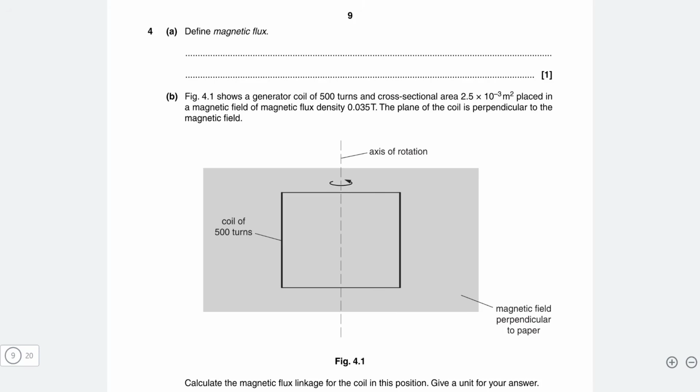So, first question, define magnetic flux. Magnetic flux is defined as BA cos theta.